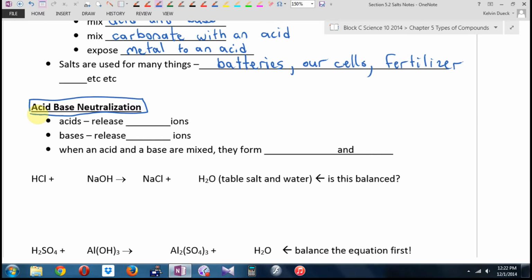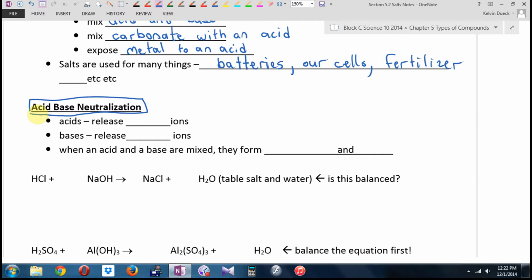Base. So there's going to be a compound that ends in what? A hydroxide or an OH. Okay. Neutralization. Oh, acids and bases cancel each other out. What's a fancy word for cancel each other out? Neutralization. So these are called acid-base neutralization reactions.